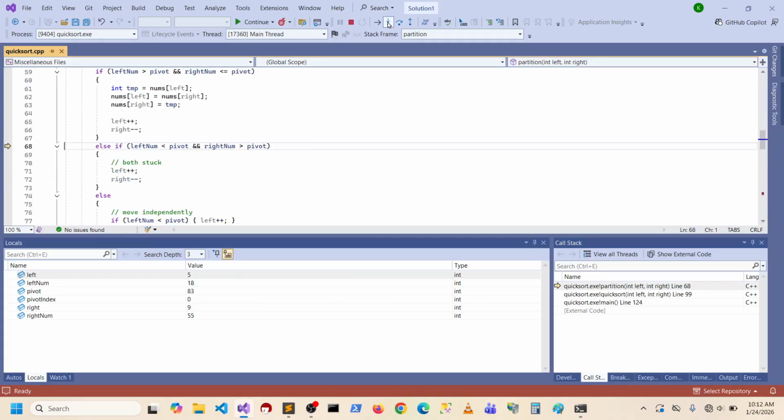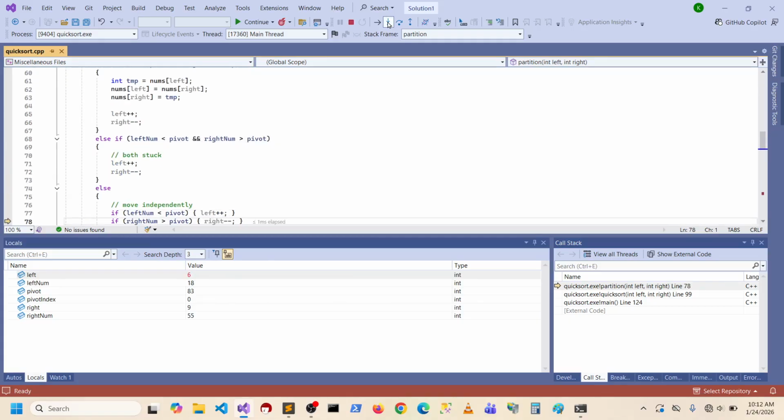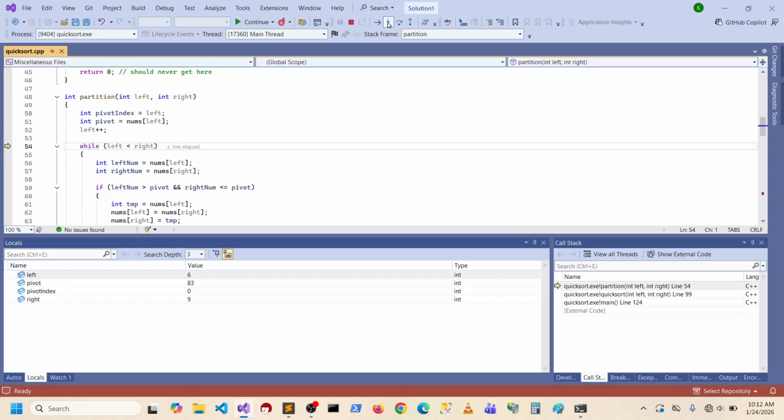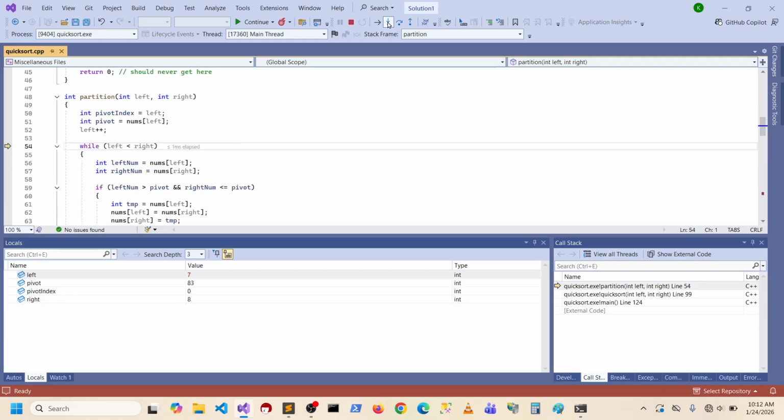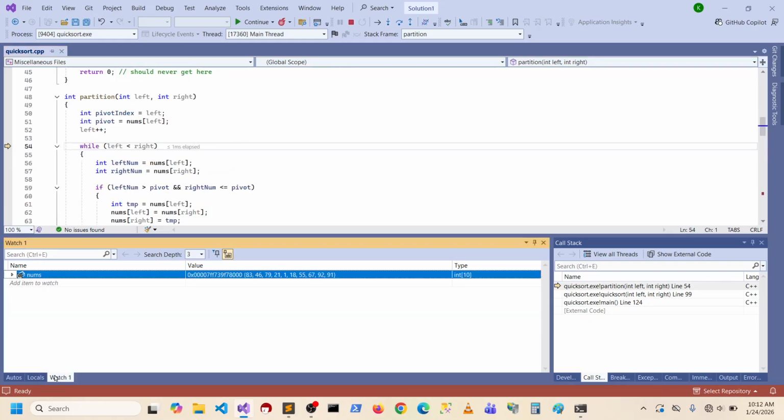1855. Okay, finally. So we had a swap here. 91 and 55 swapped.